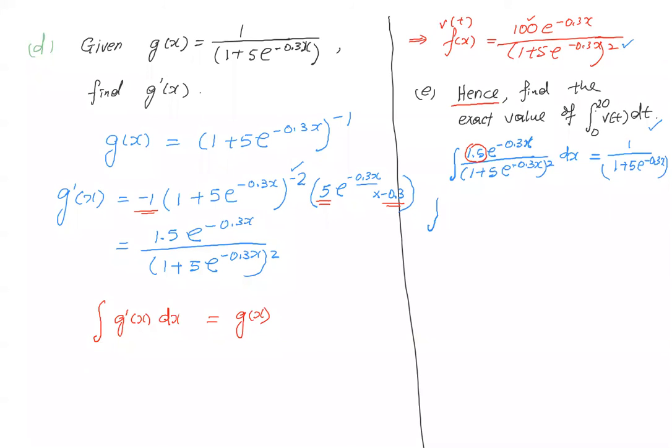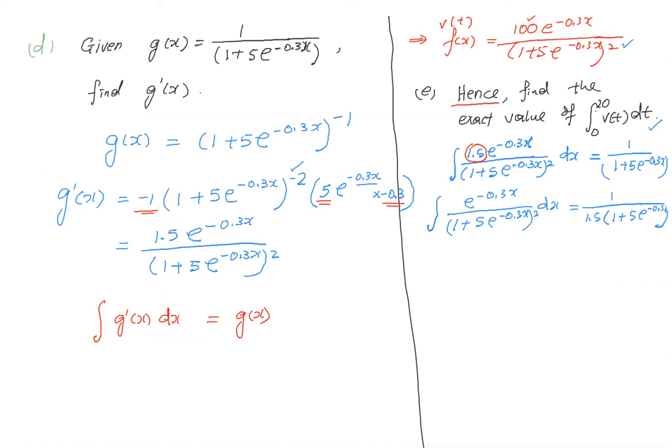So I will say the integral of e to the power -0.3x divided by 1 plus 5e to the power -0.3x, the whole thing squared, dx, is equal to 1 divided by 1.5 open bracket 1 plus 5e to the power -0.3x.